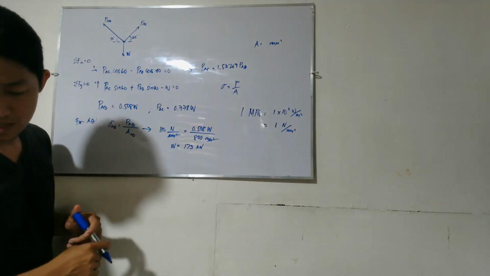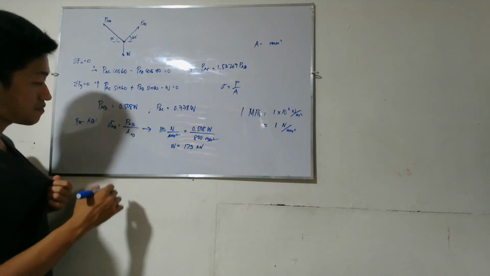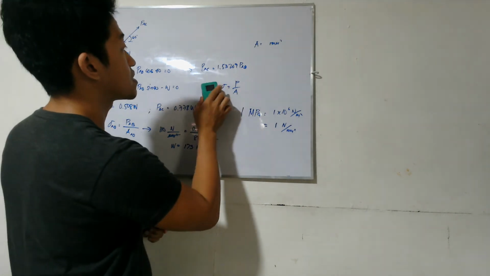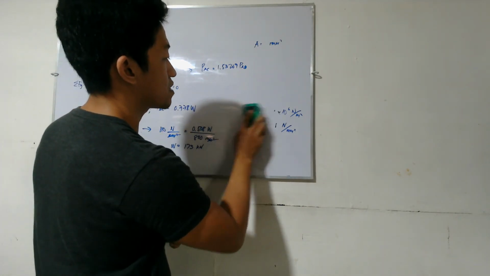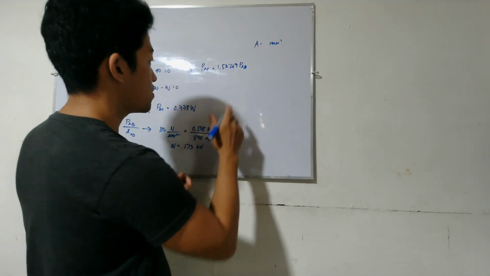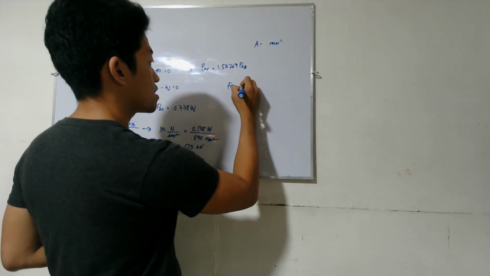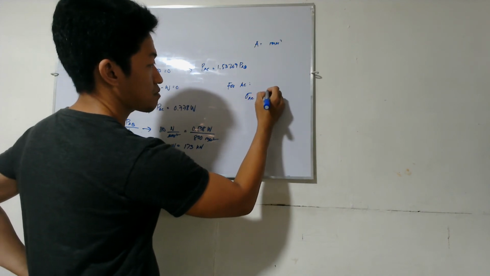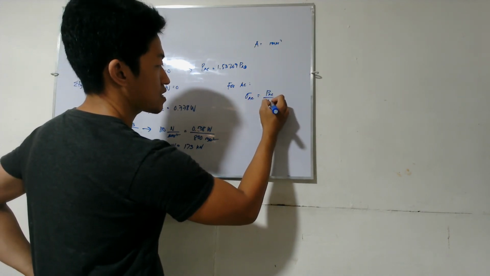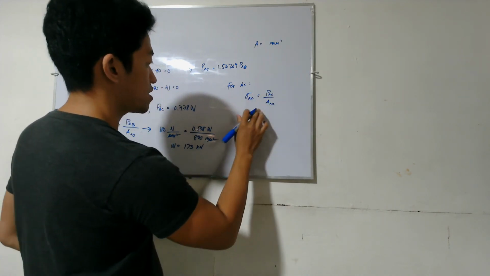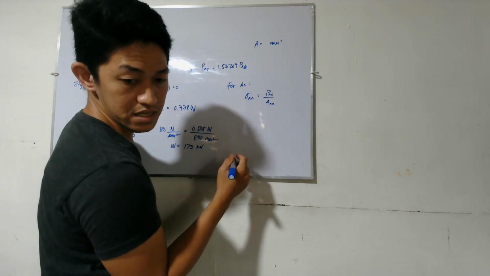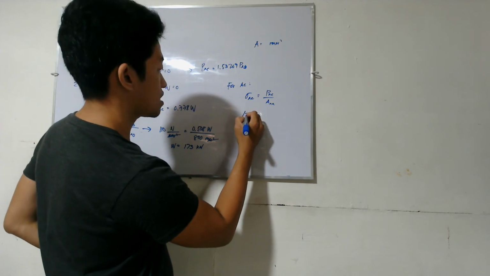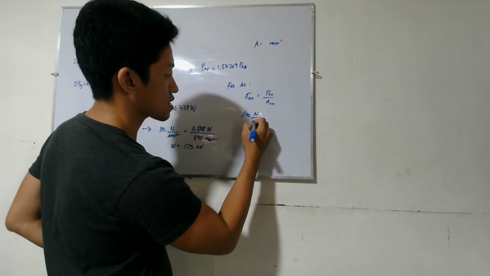Okay? We round it off. For AC, you have sigma AC equal to PAC over area AC. The stress given for AC is 120 megapascal.